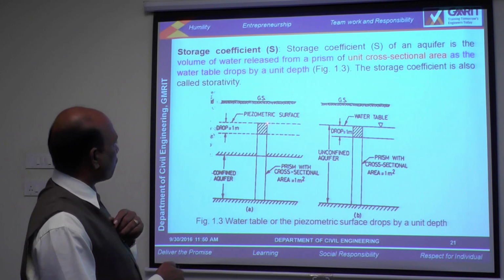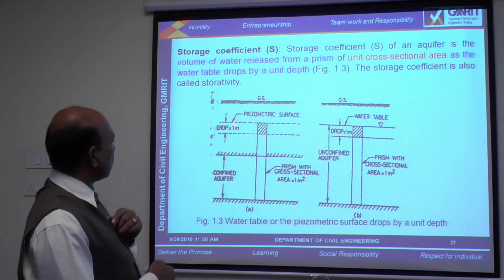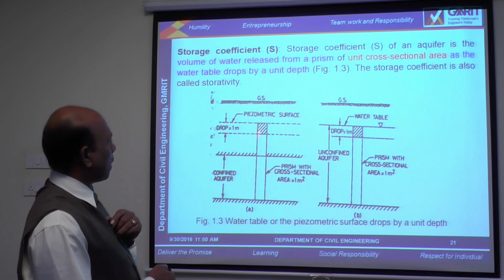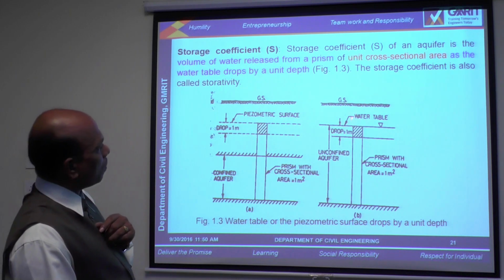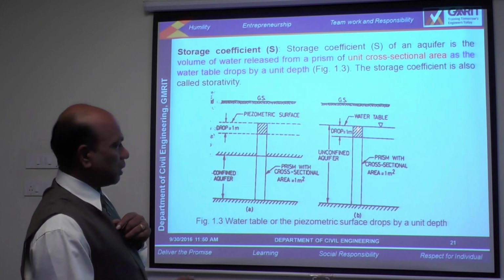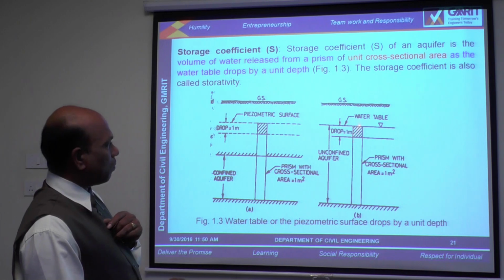In case of piezometric surface, when pumping is started, then the water drops per unit depth. And we know the cross-sectional area, this one. Whereas in case of unconfined aquifer, this is the impervious layer, this is the water table, then it drops by 1 meter or unit.